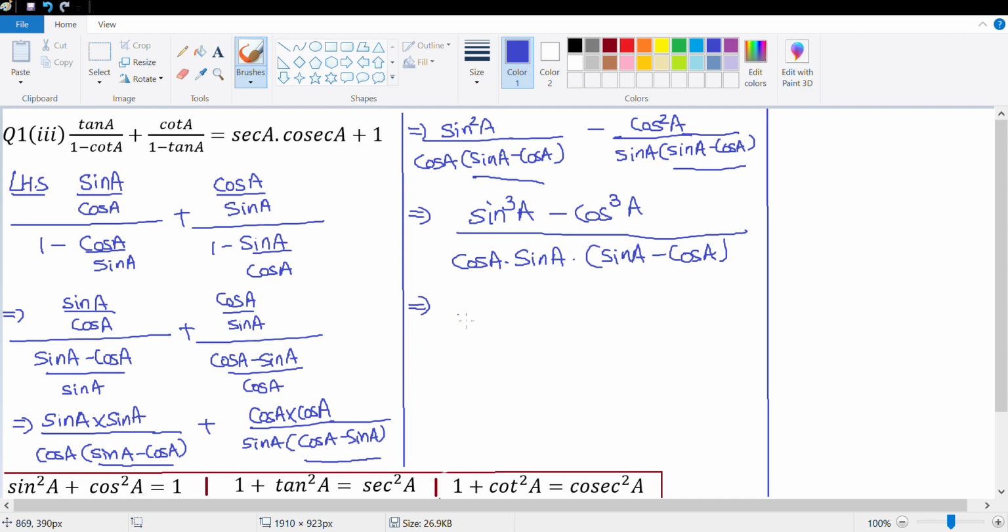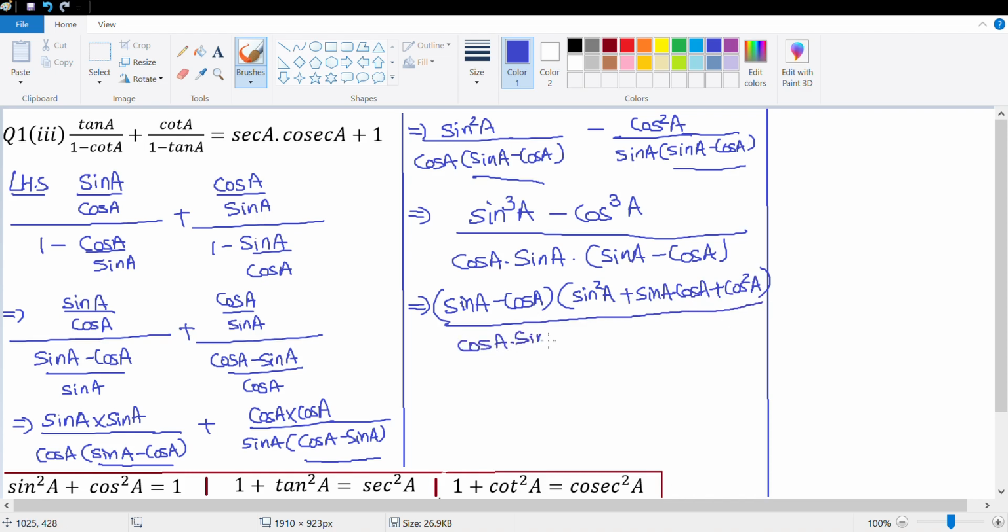So let's just write this. This will be sine A minus cos A times sine square A plus sine A dot cos A plus cos square A, and the denominator remains cos A dot sine A times sine A minus cos A. I'll have to write the reason.